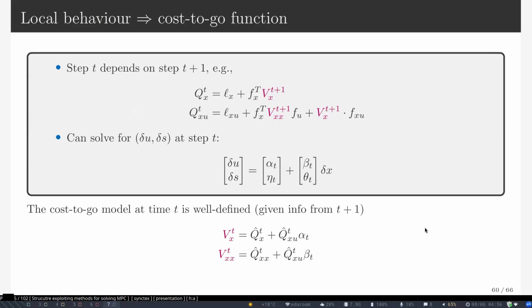This is how we update now the quadratic model. This is now the future information propagated to update the new model of the previous step. These are the ways the updates are related. Now, these things are the equivalent of step sizes.